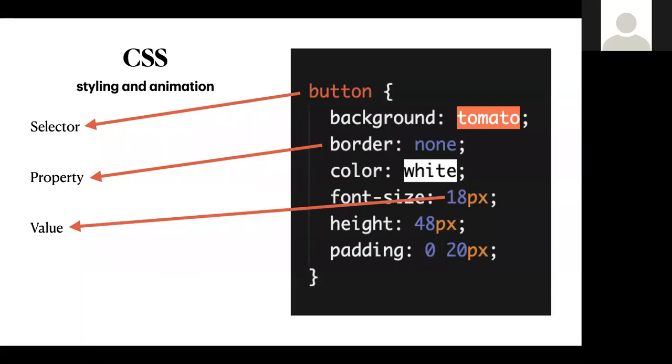So this is where I say I want the background of this button to be tomato colored. I don't know why tomato is one of the standard colors I picked. And I want the color of the text to be white, because by default it's black. I want to change the font size to 18 pixels, etc. Again, I'll come back to this a bit later in the live demo.